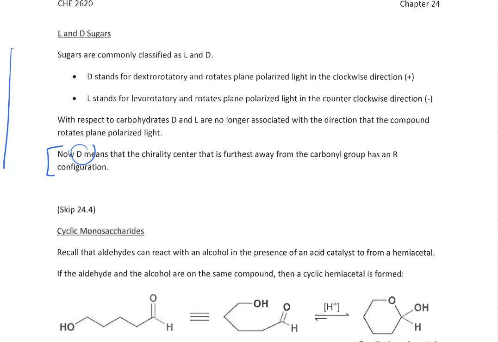If we look at, for example, L-alanine, L-alanine would have a structure where the most oxidized carbon is on top, and the most oxidized carbon is the one with the most oxygen, so it's this one. When we look at this most oxidized carbon, the NH2 in this case would be on the left.